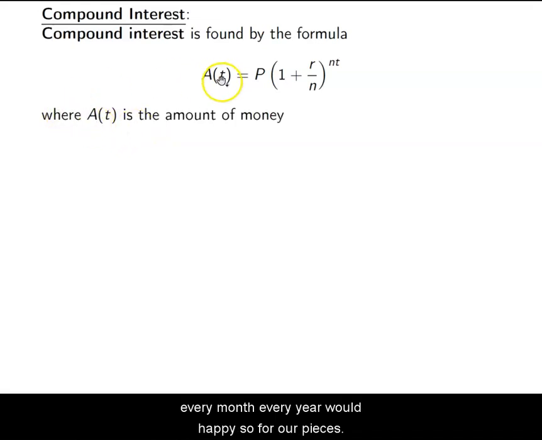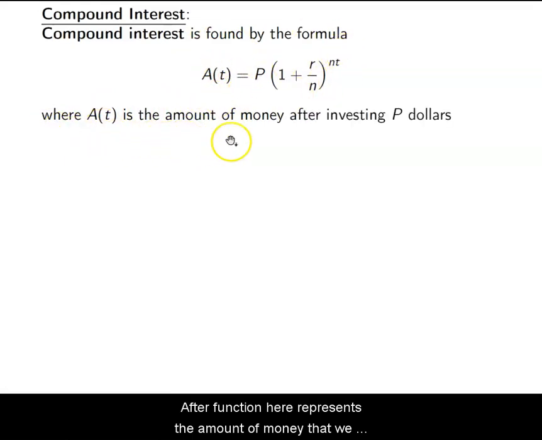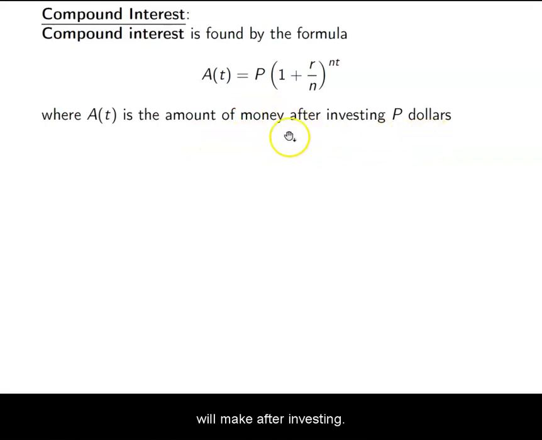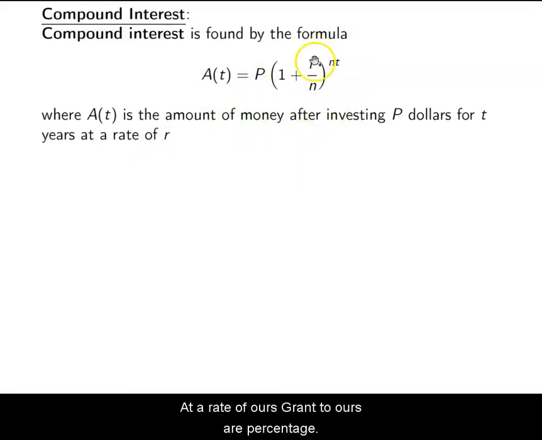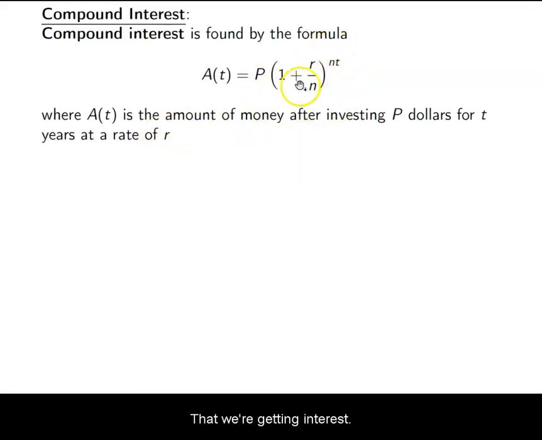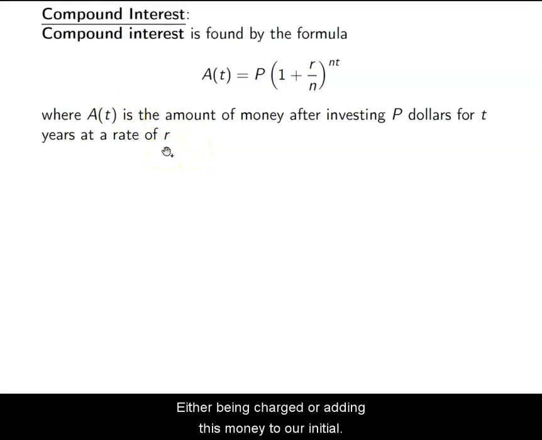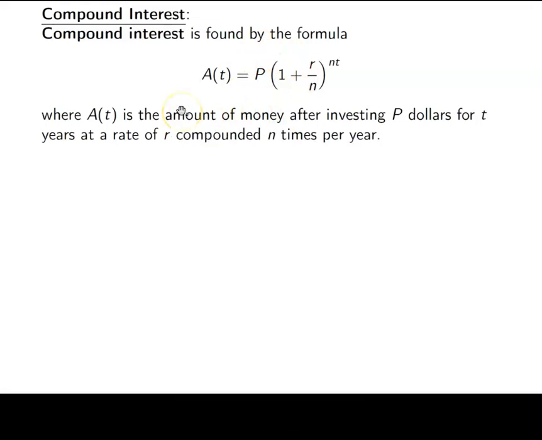So for our pieces, A of t, right, our function here represents the amount of money that we will make after investing P dollars for t years at a rate of r, right? So r is our percentage rate that we're getting interest, where we are compounding this, right? Either being charged or adding this money to our initial investment at a rate of n times per year.